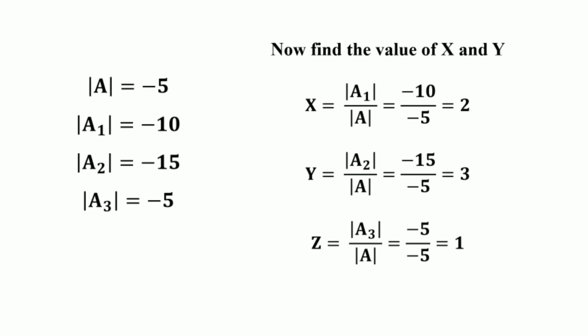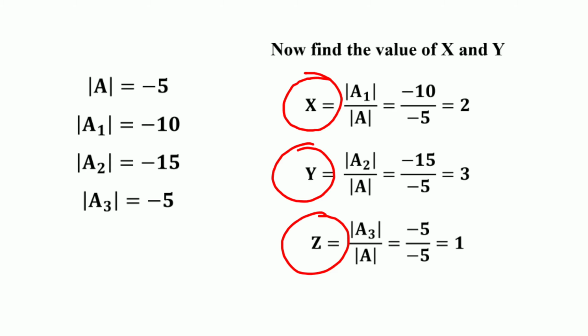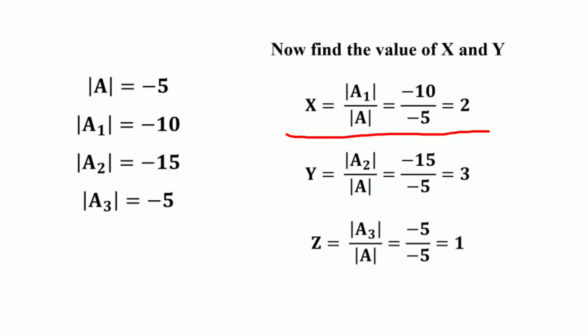So after finding the determinant values, that is determinant A is equal to minus 5, determinant A1 is equal to minus 10, determinant A2 is equal to minus 15, and determinant A3 is equal to minus 5, we want to find the values of x, y, and z. The value of x is determinant A1 divided by determinant A, which is minus 10 divided by minus 5, equal to 2.